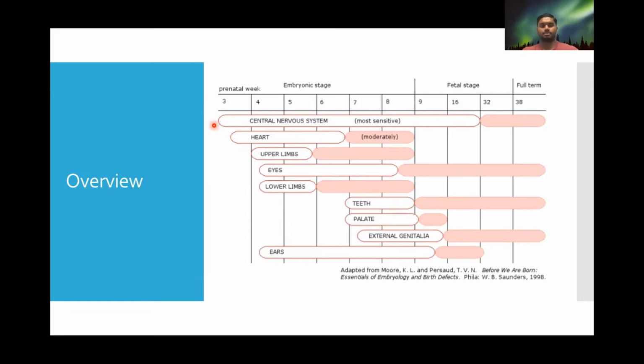It's just that the chart isn't long enough to show it. But the issue with this is that sometimes there are harmful things that we can do to the embryo, and just because the CNS develops so early, a parent just does not know they're pregnant. And we'll talk about that later on when we get to it.